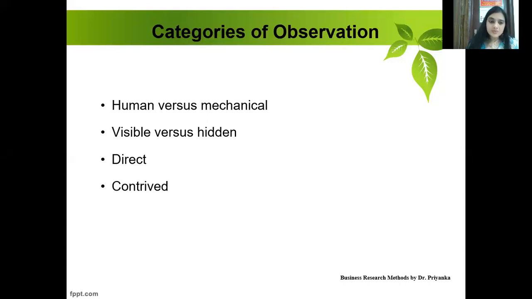Then direct observation. What do you mean by direct observation? Direct observation can produce a detailed record of events or what people actually do. The observer plays a passive role, that is, there is no attempt to control or manipulate a situation, right? The observer merely records what occurs, everything.